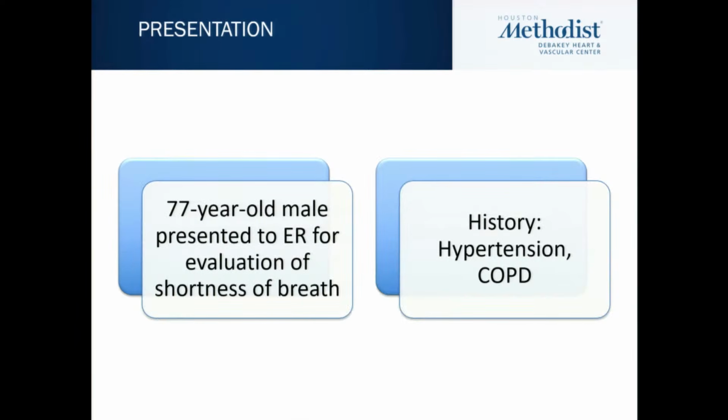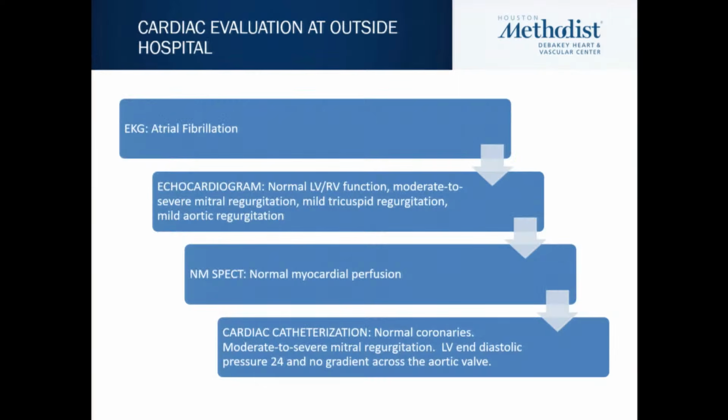A 77-year-old male presented to the emergency room for evaluation of shortness of breath. He had a history of hypertension and chronic obstructive pulmonary disease. This was at an outside hospital, and his cardiac evaluation revealed atrial fibrillation on electrocardiogram. His echocardiogram showed normal LV and RV function, moderate to severe mitral regurgitation, mild tricuspid, and mild aortic regurgitation.